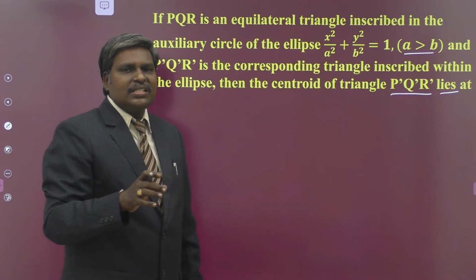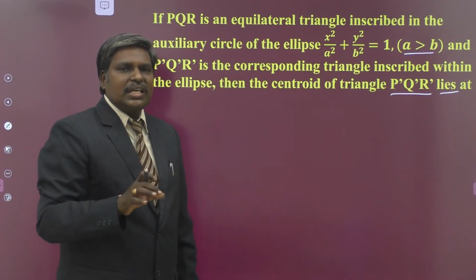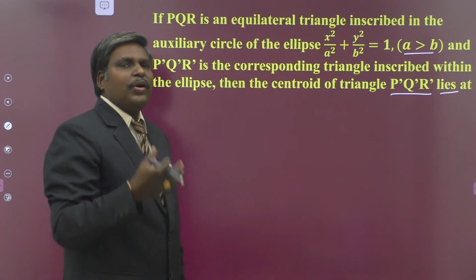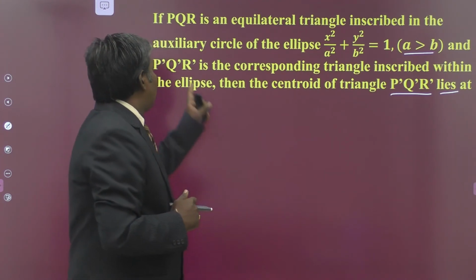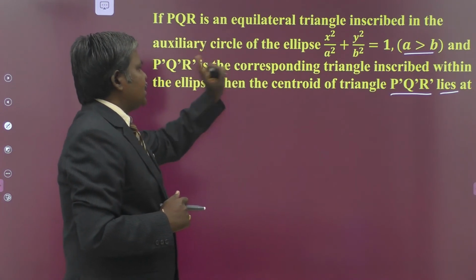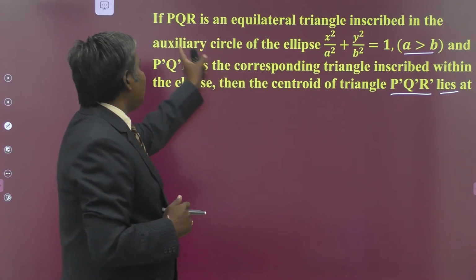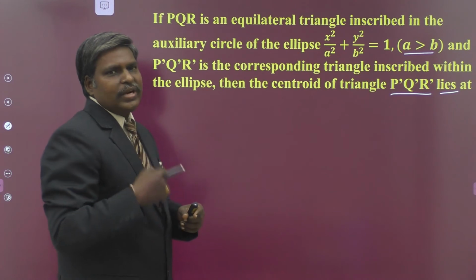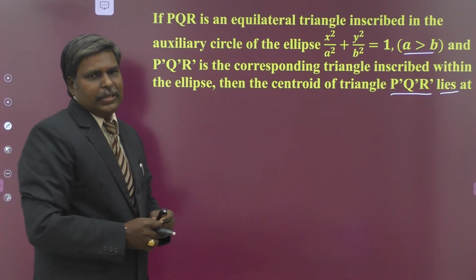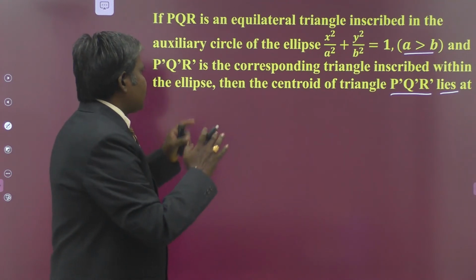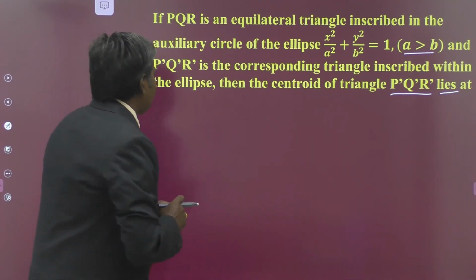These are the vertices of the triangle which is inscribed in the ellipse. These are the corresponding points of PQR respectively. What is PQR? One triangle that is equilateral which is inscribed in the auxiliary circle. So we just draw the diagram and then go for the conclusion.